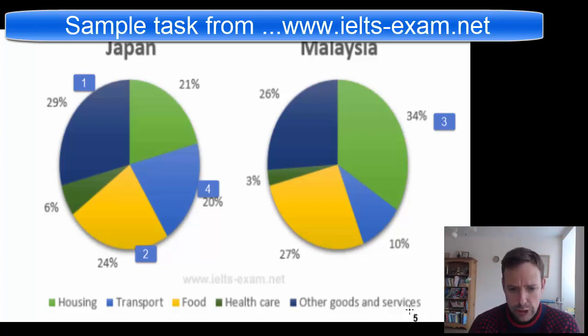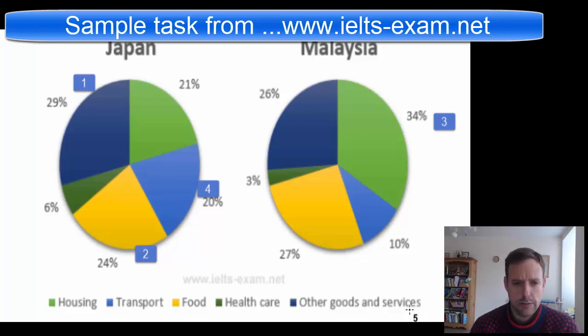Okay, and then conversely, you've got the housing. A lot more is spent in Malaysia on the housing. That's quite interesting. I didn't expect that. So, yeah, that occupies a lot of the Malaysian budget.